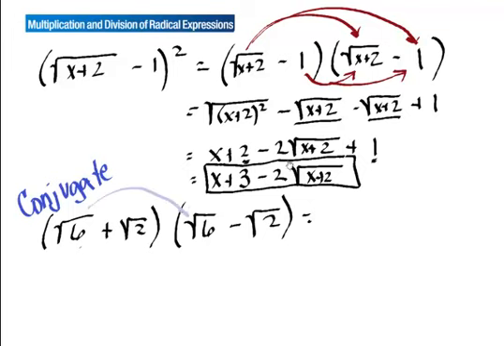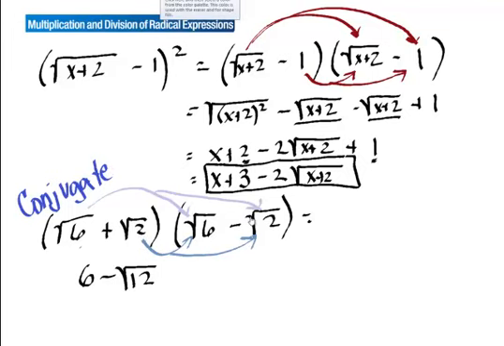I'm going to do the square root of 6 times the square root of 6, and the square root of 6 times the square root of 2. So that's going to be the square root of 36, which will then be a 6, minus the square root of 12. Then I'm going to have the square root of 2 times that, and the square root of 2 times the square root of 2. So I'll have the square root of 2 times the square root of 6 is plus the square root of 12.